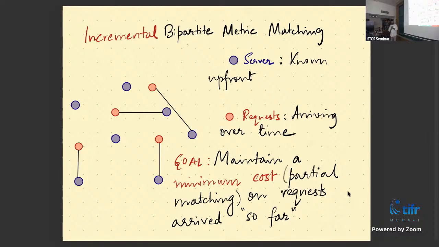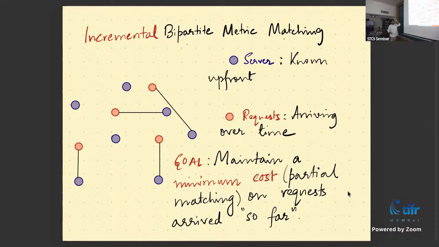In the online model, you also have to maintain a partial matching, but once a new request arrives, you cannot change decisions which you have made in the past. So you have to augment your solution. But here I am allowing you to change your past decisions and update your matching, but do it in a way so that at every point of time, you are comparable with the current optimal solution. Okay.